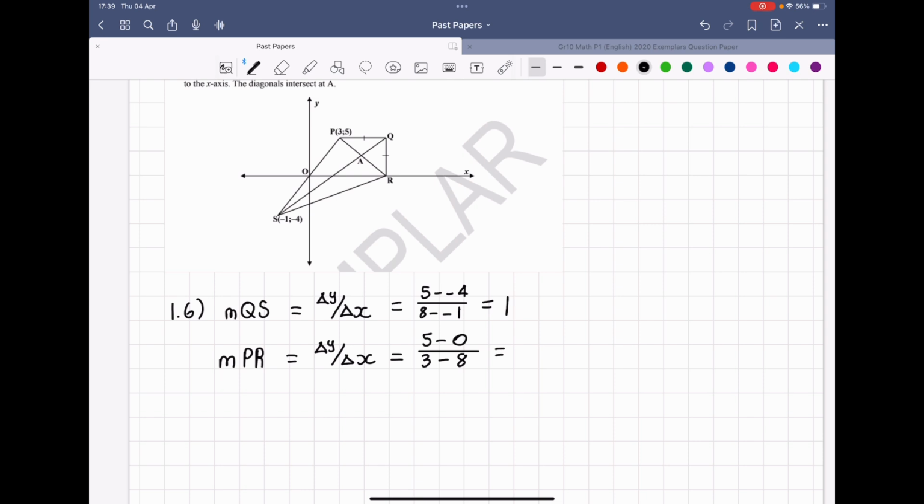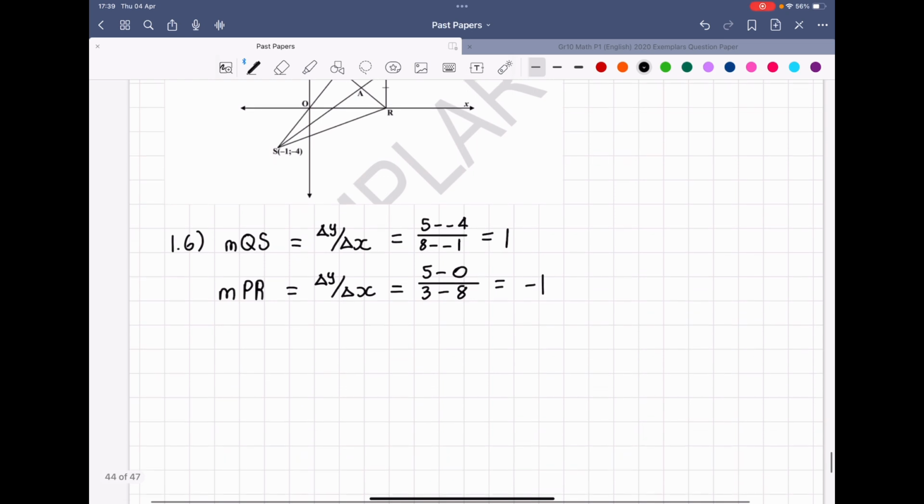And that comes to be 5 over negative 5, and that's negative 1. And so we can see that the gradients are the negative inverse of each other, so we can say that MQS times MPR equals negative 1. Therefore, QS is perpendicular to PR.